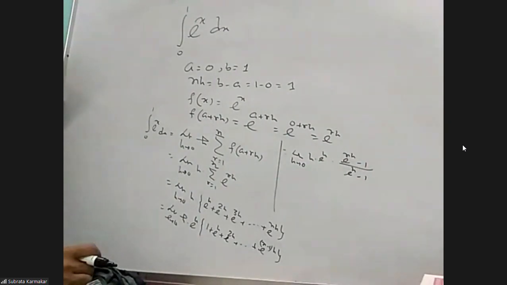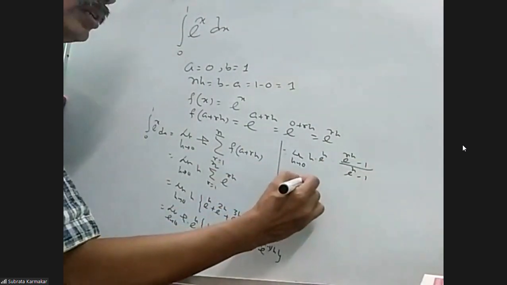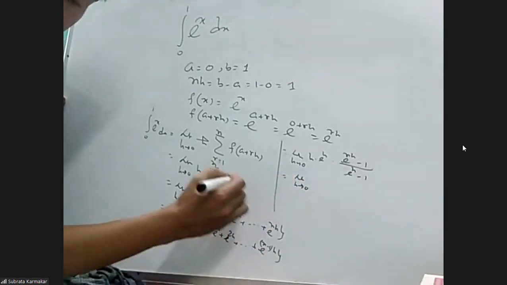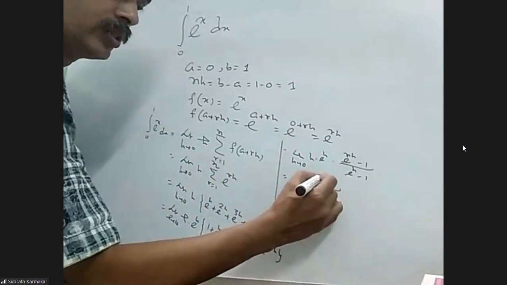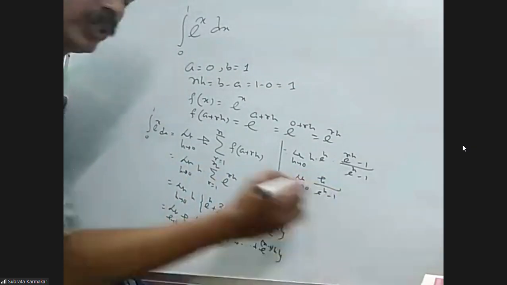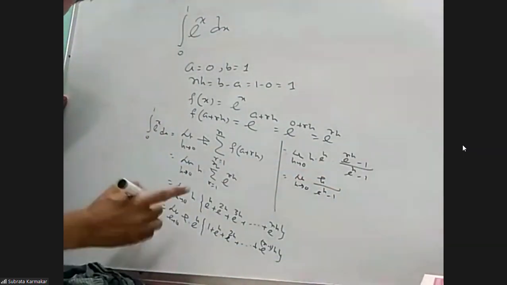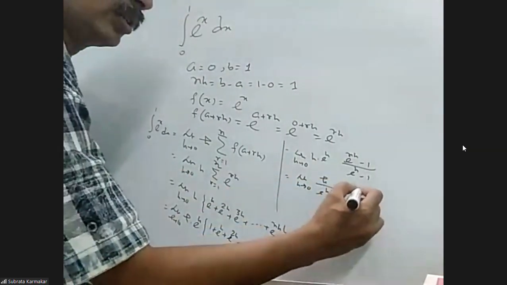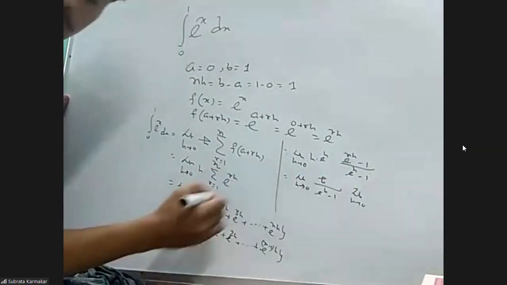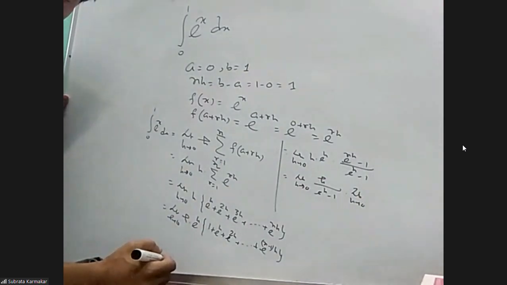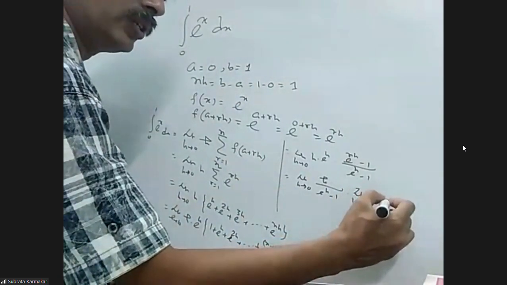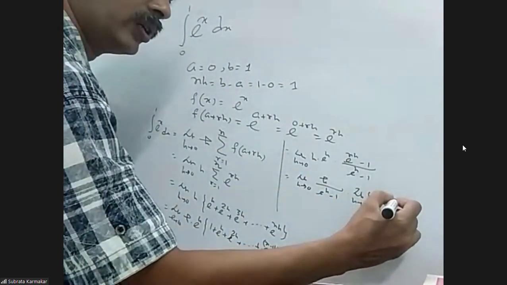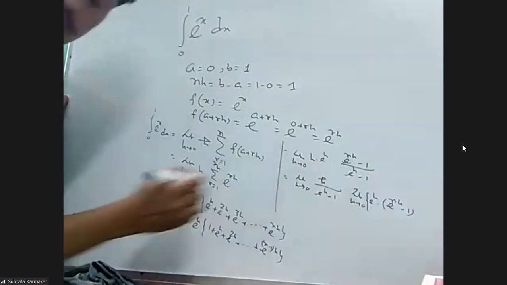Is it clear? Now, if you separate, limit h tends to 0, h by e to the power h minus 1 is one part, and another part is limit h tends to 0, e to the power h into e to the power nh minus 1.